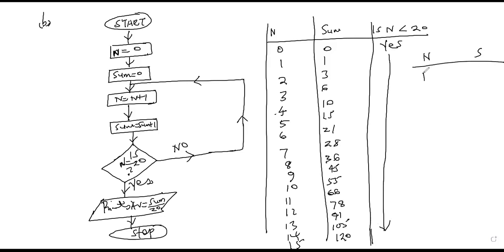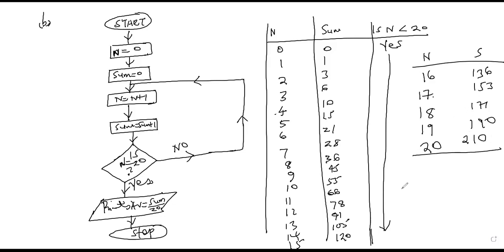When n is 16, it will be 136, because you are adding 16 to 120. If n is 17, you get 153. If n is 18, you'll get 171. If n is 19, you'll get 190. And when n is 20, you get 210.